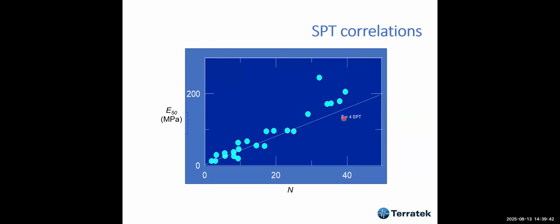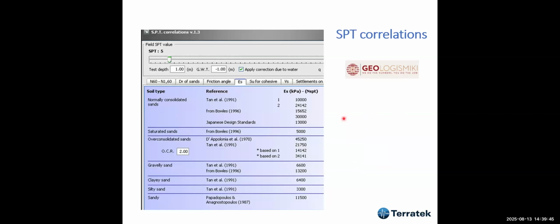Okay, and if you want to know more about correlations, I would recommend this program, which I have used for a long time. It is a program written and provided by this company, a Greek company, Geologismiki. I have been working with these guys for many years now, nearly 15 years, and we developed some programs together.